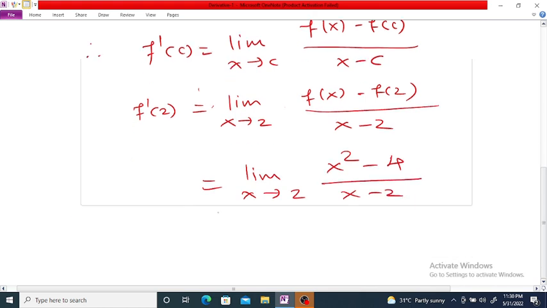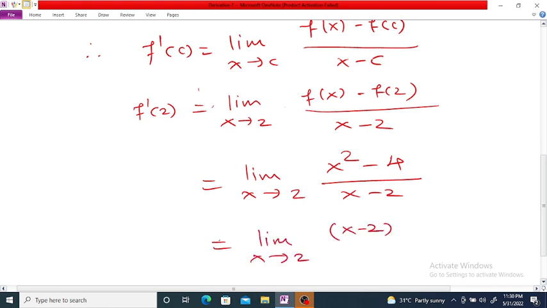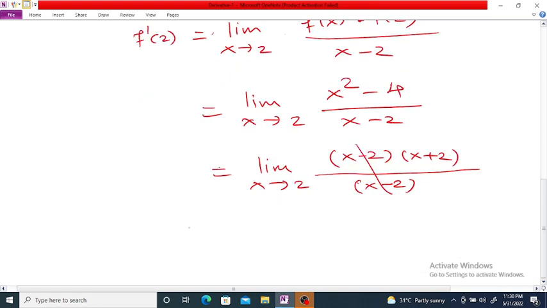Now if we simplify, on the numerator we can write this as (x minus 2)(x plus 2), since it is a square minus b square, divided by x minus 2. So this x minus 2 gets cancelled, and this is equal to the limit as x tends to 2 of x plus 2, which is equal to 4.